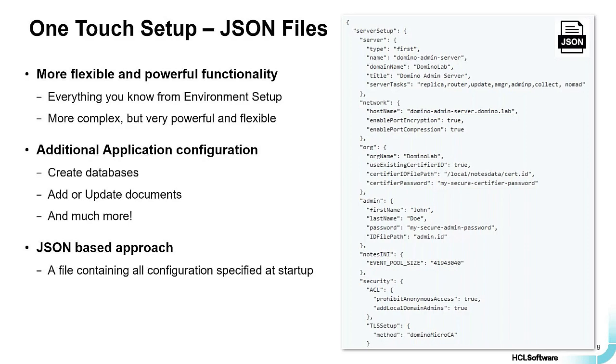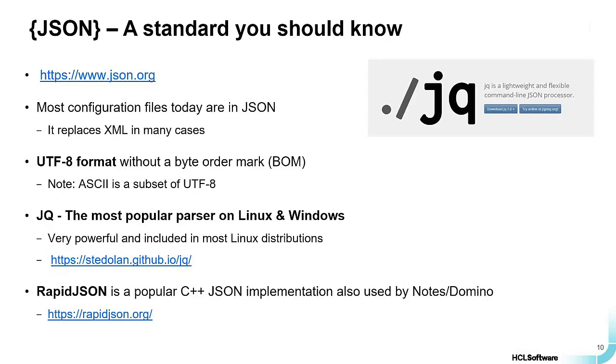It is first looking a little bit complicated, but if you know a little bit about JSON, and most of you do, it's not that complicated. So I put a reference to JSON, what it really is, and which format it is.